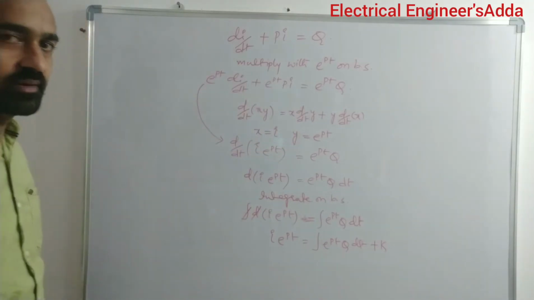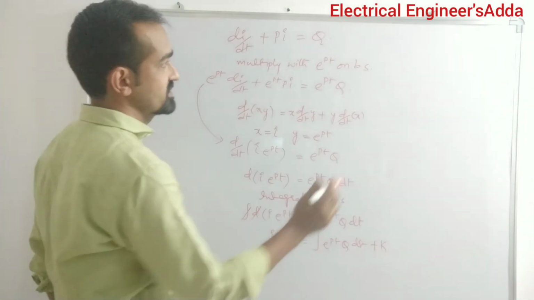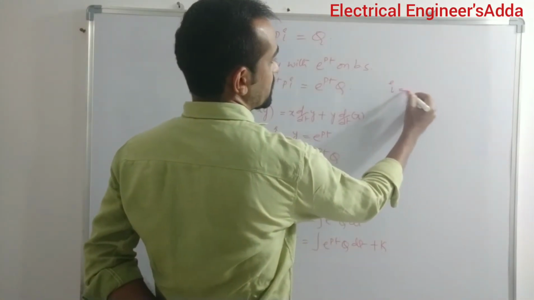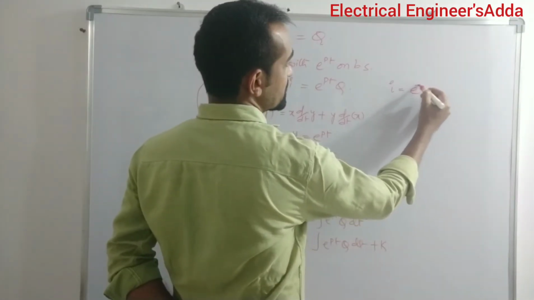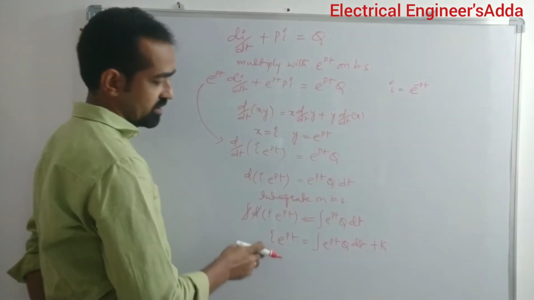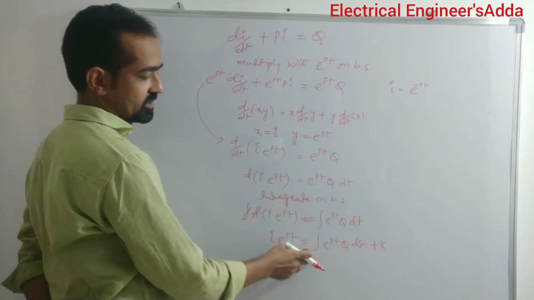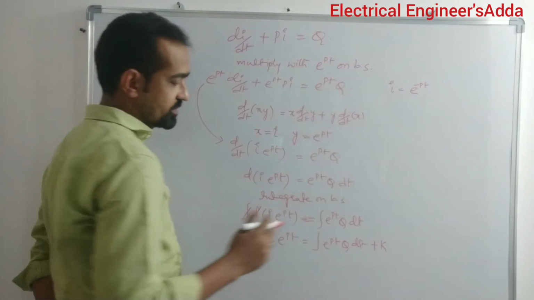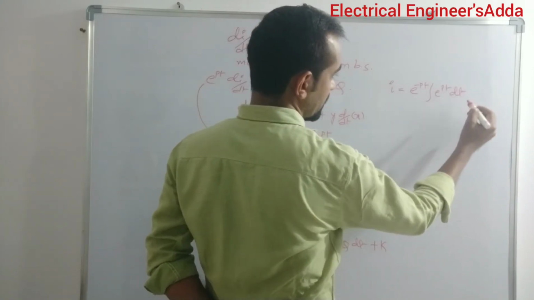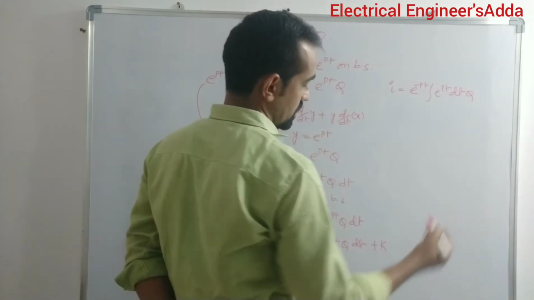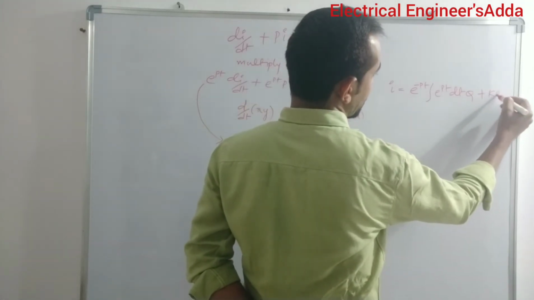K is the constant value. Okay, from this I is equal to, here e power of pt goes to that side, that becomes e power of minus pt. Integration of e power of pt into dt into q plus k into e power of minus pt.